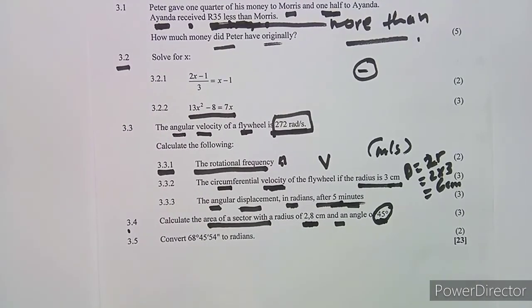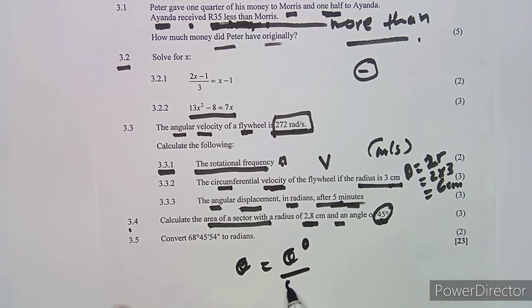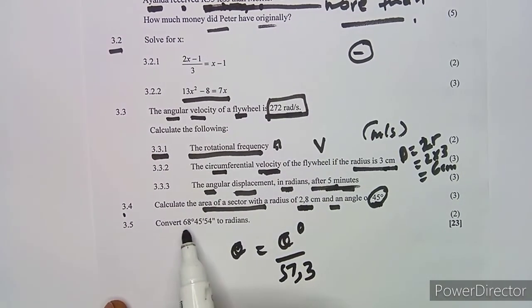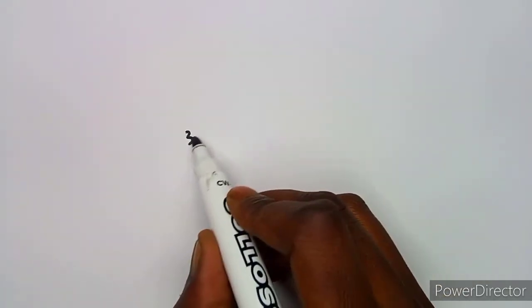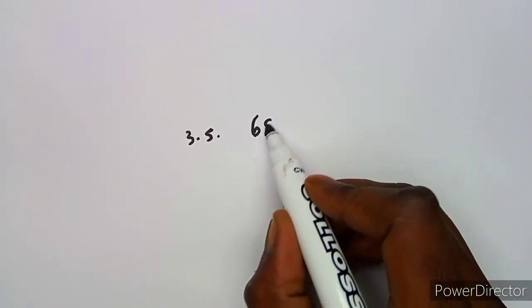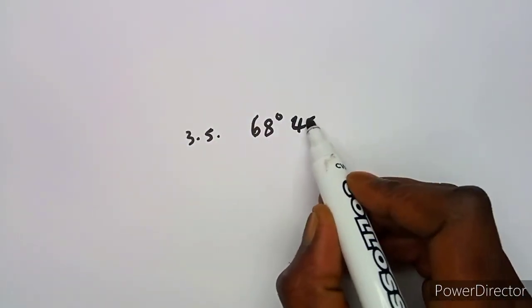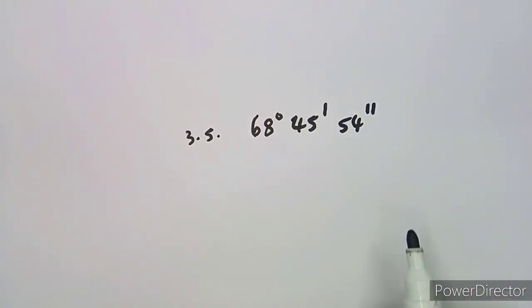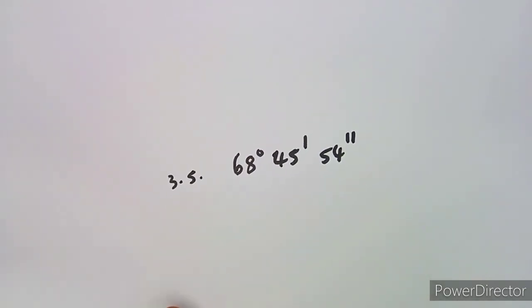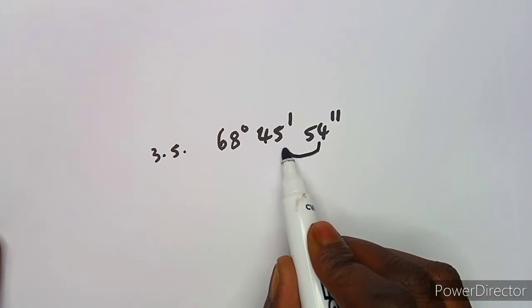And the other question was to convert to radians. For this type of question, since we know that theta in radians is equal to theta in degrees over 57,3, you have to convert this to degrees first, then we can convert to radians. This is how you do it. That is 45 minutes 54 seconds, like this. First let's convert these seconds into minutes.